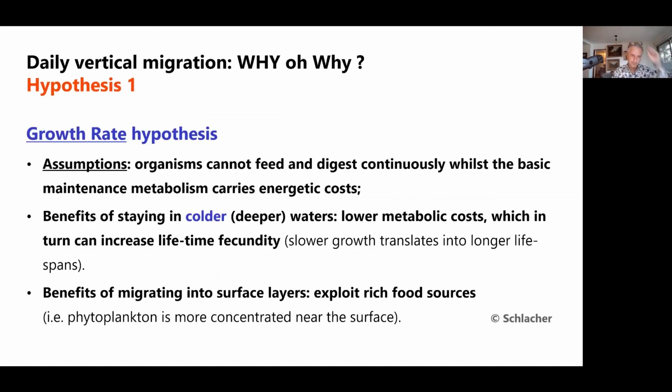Now, it's a very, very regular occurrence, and there are two different types of hypotheses out there to explain it. The one is called the growth rate hypothesis. The growth rate hypothesis basically says that you cannot feed and digest continuously because there are limits to the food supply, so sometimes you have to stop feeding.